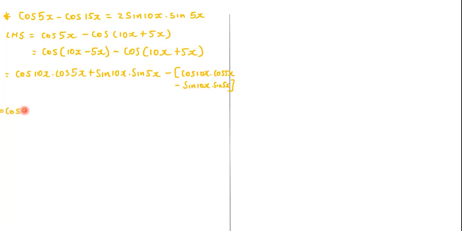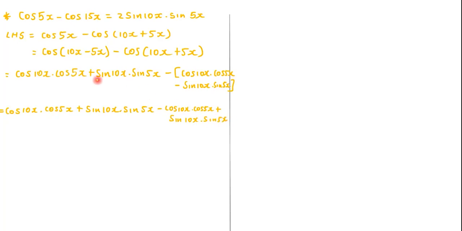So right now we have cos 10x times cos 5x plus sine 10x times sine 5x, right? And then from here, we're just going to multiply this here. When we multiply this there, it gives us minus cos 10x times cos 5x. But when we multiply it with this negative sine 10x and sine 5x, it gives us plus sine 10x times sine 5x.